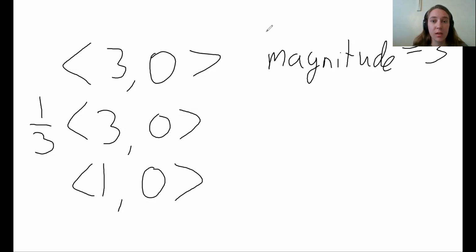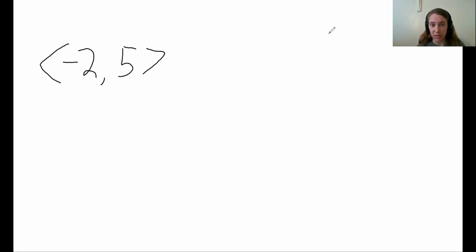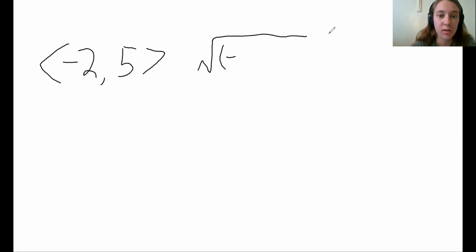So if we do the same thing for the vector -2, 5, we need to first calculate the magnitude. The magnitude of this is going to be the square root of -2 squared plus 5 squared.